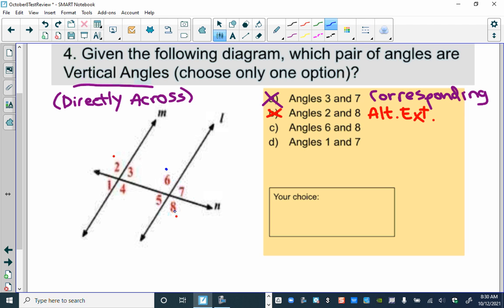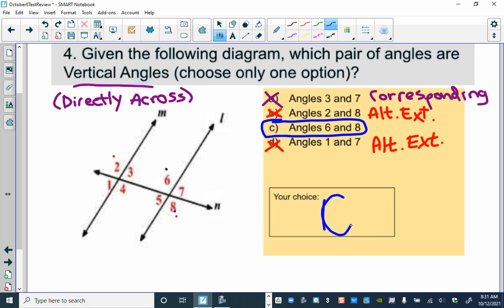Right. This is your winner. There's your verticals. And 1 and 7 are just like 2 and 8, alternate exteriors. So that's choice C.